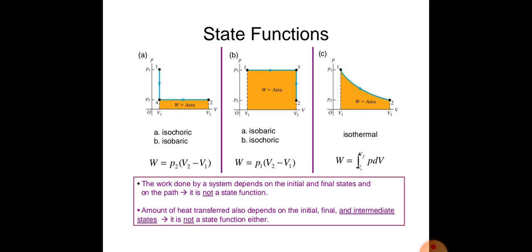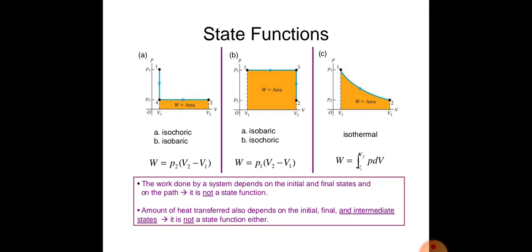So in first figure A, we assume that there is an isochoric and isobaric process. As I already told you, isochoric process means a constant volume process, and in isobaric process there is a constant pressure process.